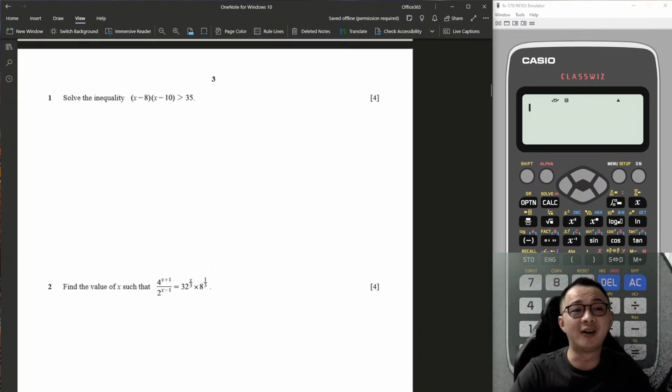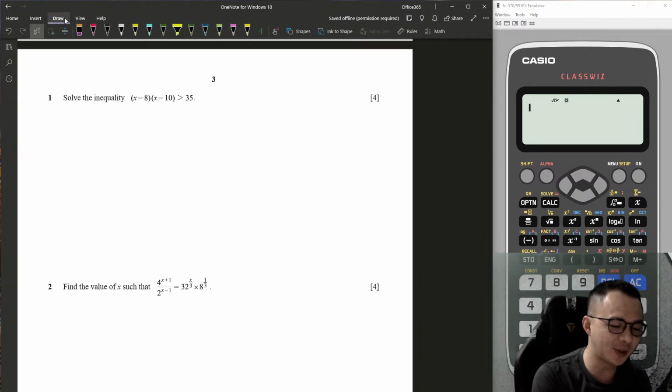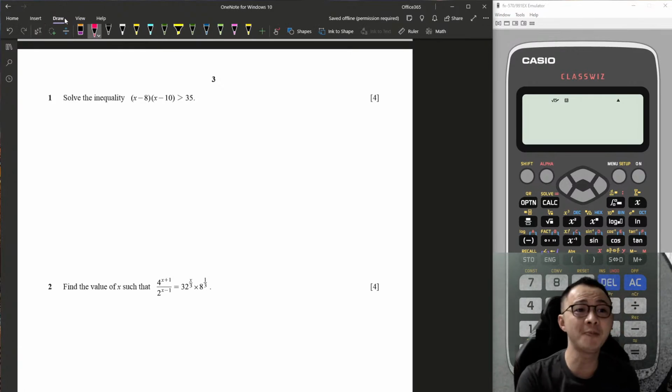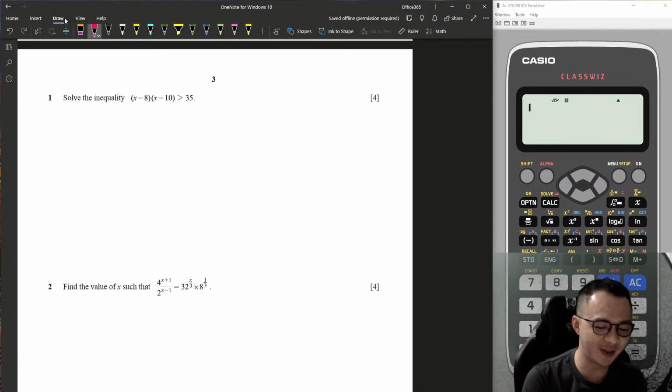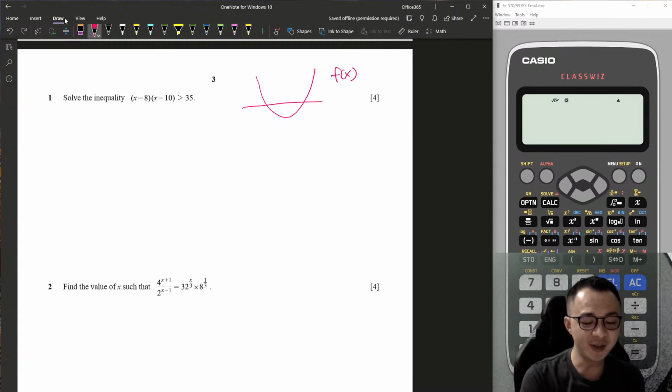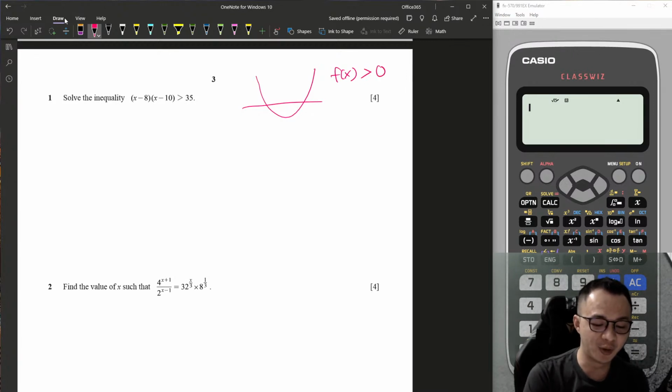This is quadratic inequality. Should be quite easy, but over here, just a quick revision for all of you. For quadratic inequality, if your quadratic f(x) is bigger than 0, then you will go in these two directions.